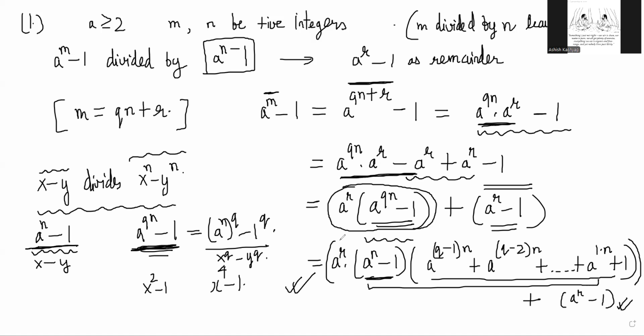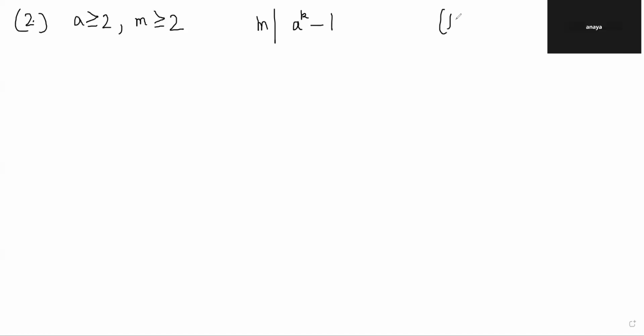Now, the second problem is very important. Let's think about that. In the second problem, he says a is greater than or equal to 2, m is greater than or equal to 2 are integers such that m divides a power k minus 1 for some positive integer k.